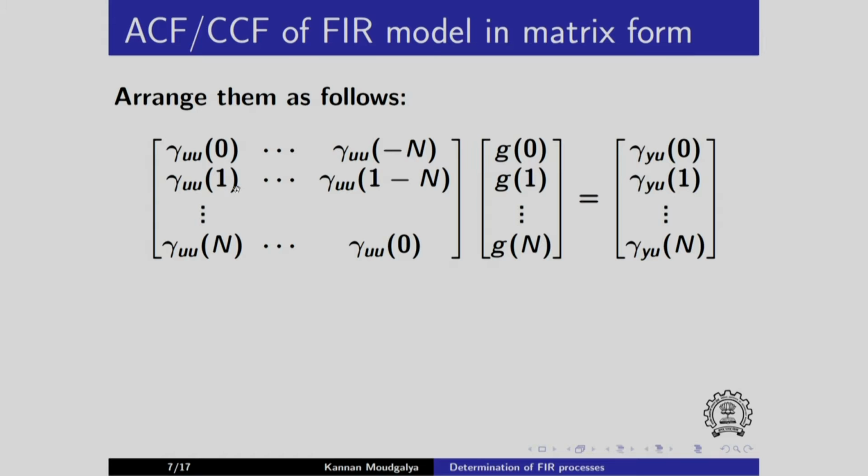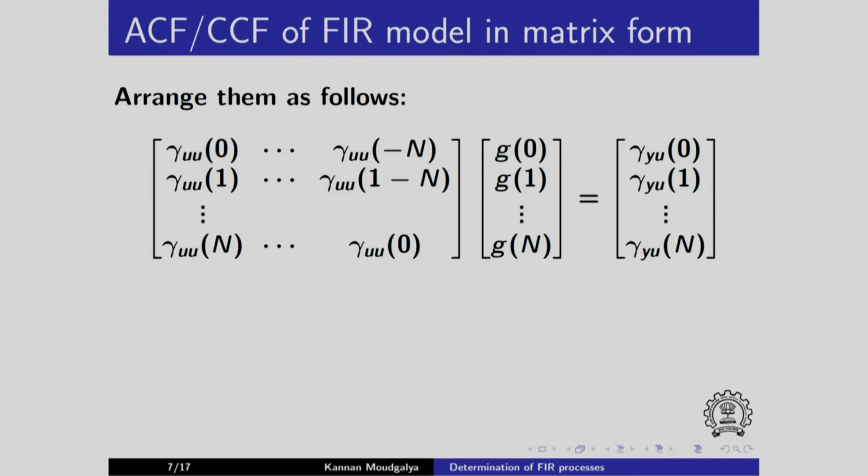Once again they multiply the whole thing. Remember we started with gamma yu of 0, we went all the way up to gamma yu of n. One can check that there are n plus 1 entries here, there are also n plus 1 entries here, and there are n plus 1 entries in a given row.